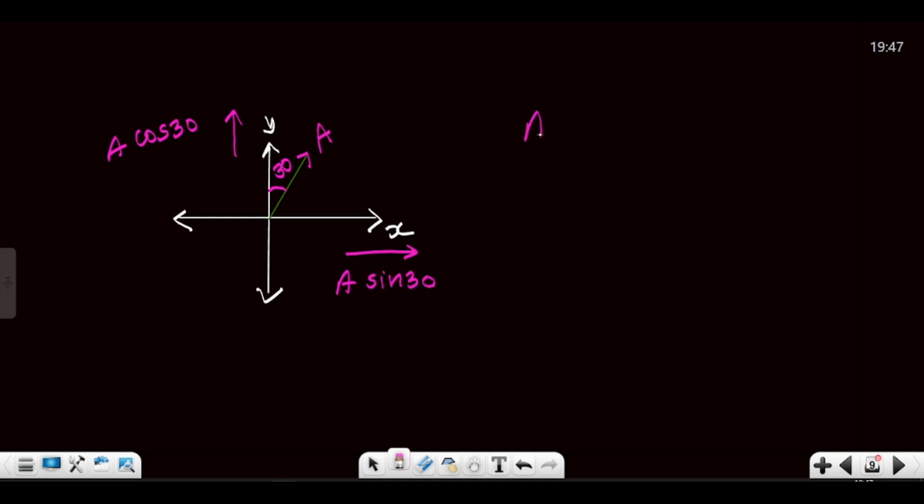So vector A is ultimately ax i cap plus ay j cap, where ax is a sin 30 i cap and ay is a cos 30 j cap.